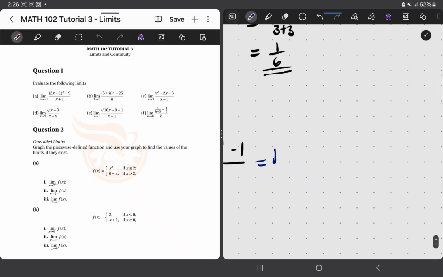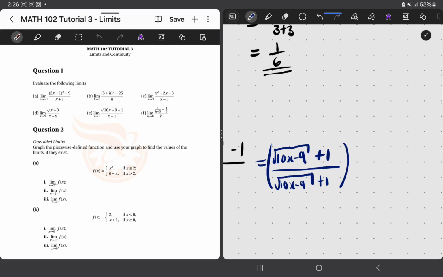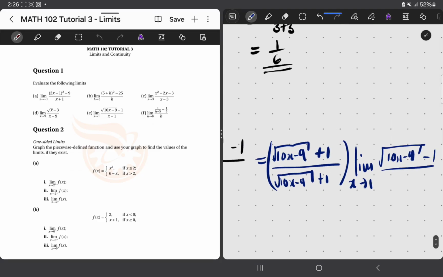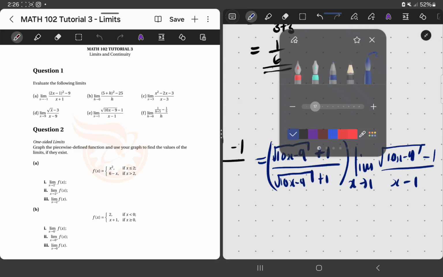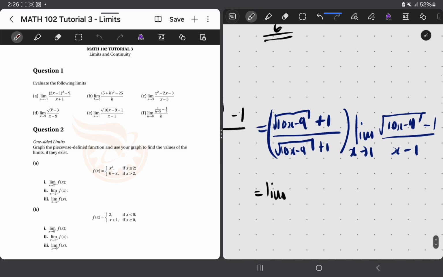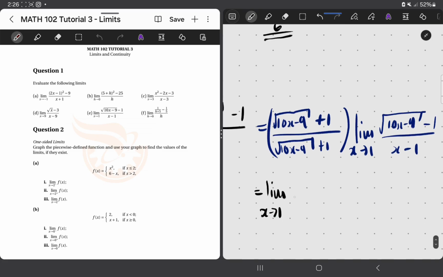So here we are going to say the root of 10x minus 9 plus 1 over the root of 10x minus 9 plus 1. These two are multiplying the limit as x goes towards 1 of the square root of 10x minus 9 minus 1 all over x minus 1. And we know what then happens. The limit goes outside now, as x goes towards 1.